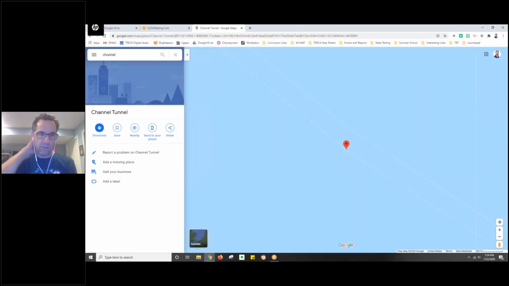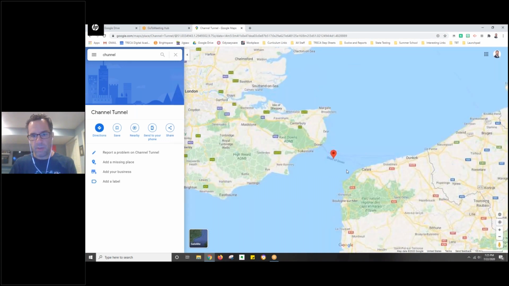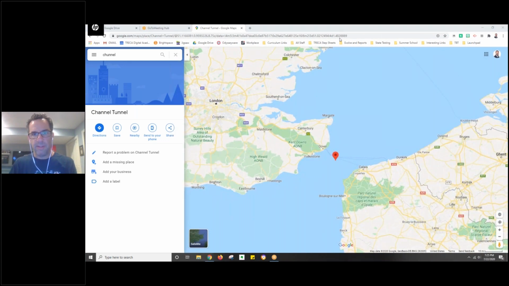Let's see if it tells us where the tunnel is. Maybe this is it. So here we go. This kind of tells us, and we kind of were right. If you see, it sort of was like here. So they kind of picked the closest spot to do the tunnel, which makes sense to me.